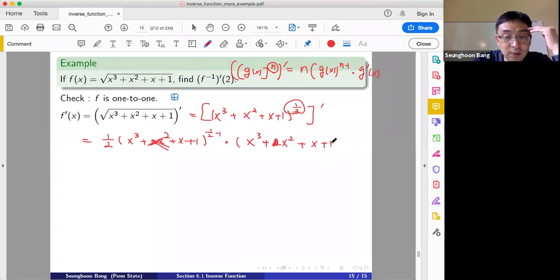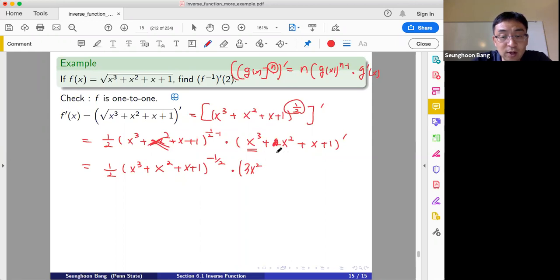So this is 1 over 2 times x cubed plus x squared plus x plus 1 to the power negative 1/2, times x cubed prime 3x squared, x squared prime 2x, x prime is 1, 1 prime is 0.